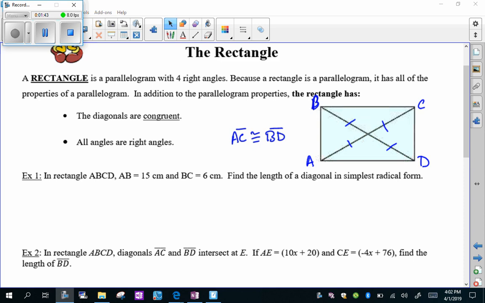All right, now what I can do also is solve some problems. So let's look at number one. It says in rectangle ABCD, AB is 15 centimeters, BC is 6 centimeters. Find the length of a diagonal, in simplest radical form. All right, so what I'm going to do and what you should do is let's draw that rectangle.